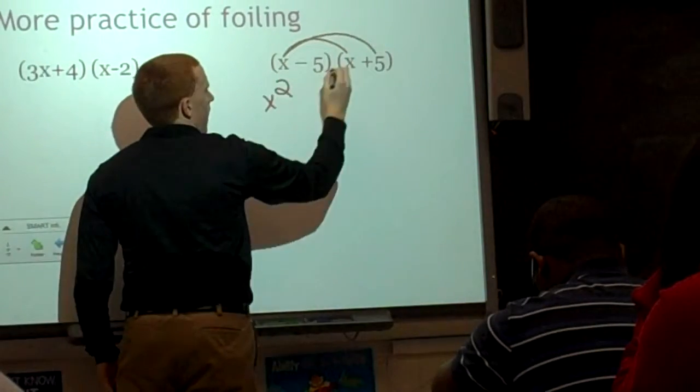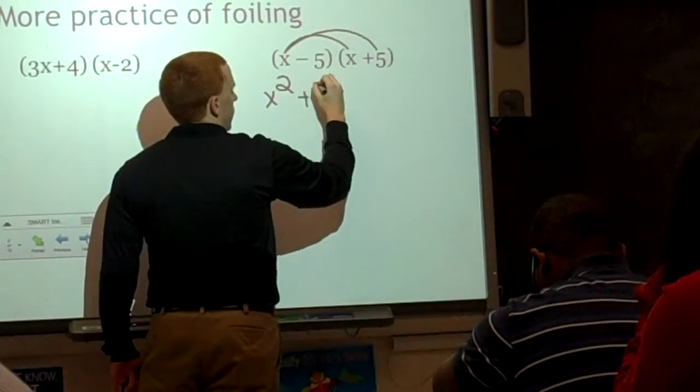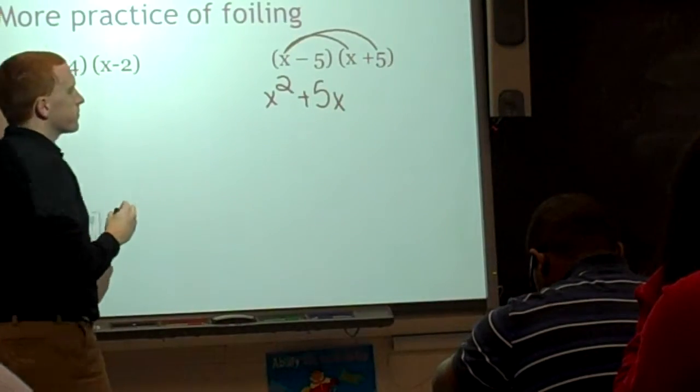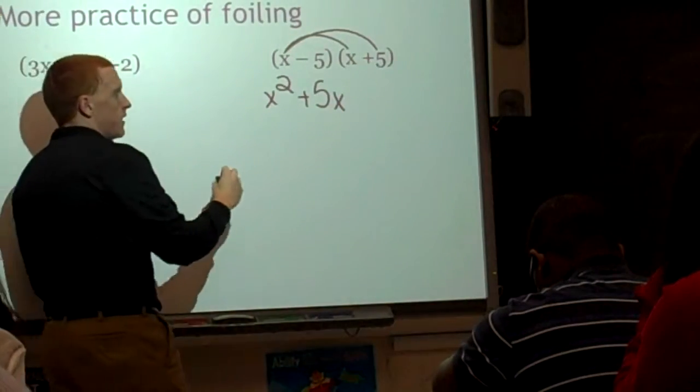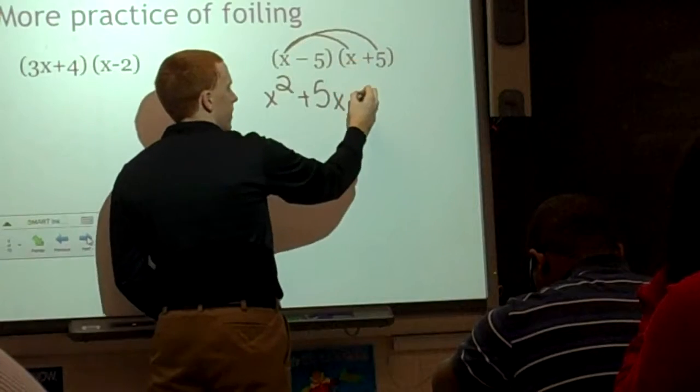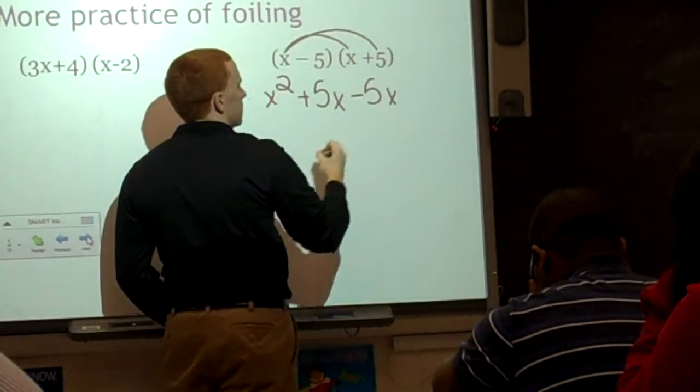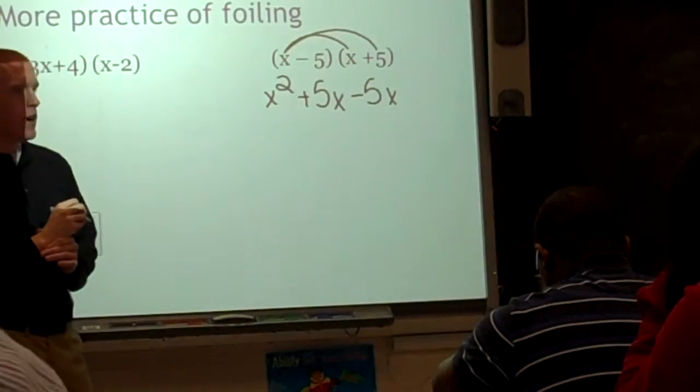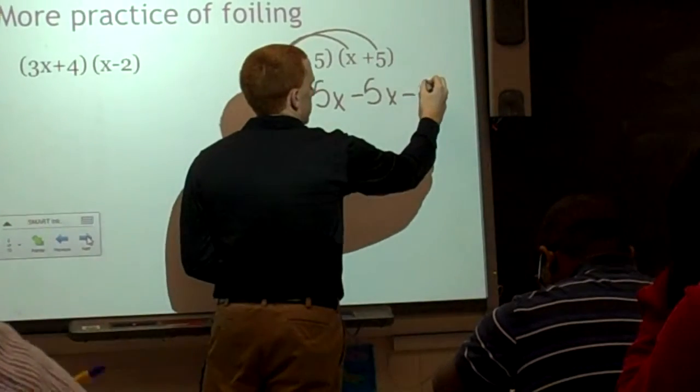X times 5, which is 5x, so plus 5x. And then negative 5 times x, which is negative 5x. Negative 5 times 5, negative 25.